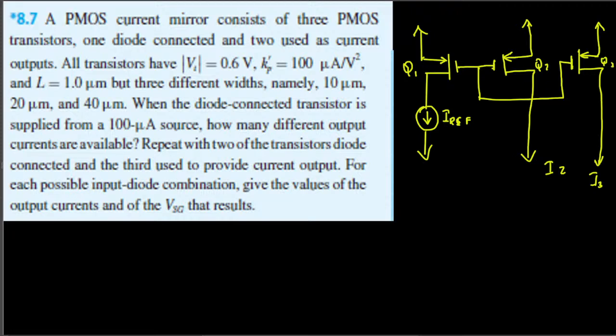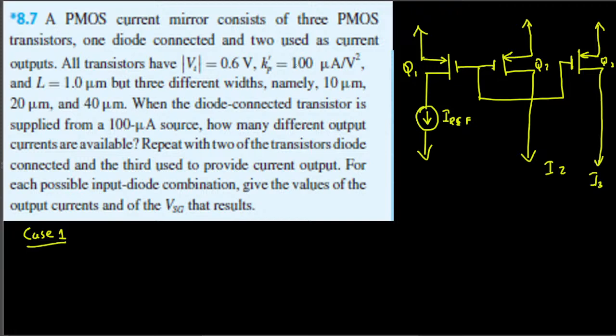Okay, and what we have to find is the current for each different situation. So first let's see the first situation, let's say case 1. In case 1, what we are going to do is assume the width of the first one is 10 micrometer.